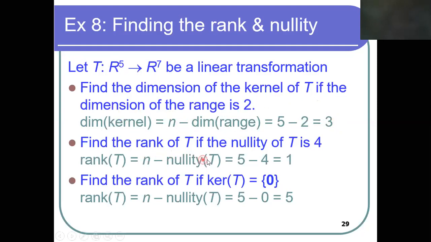Next, find the rank of T if the nullity is 4. The rank of the transformation is n minus the nullity of T, so 5 minus 4, because n is 5. Similarly, you have to solve this last part.